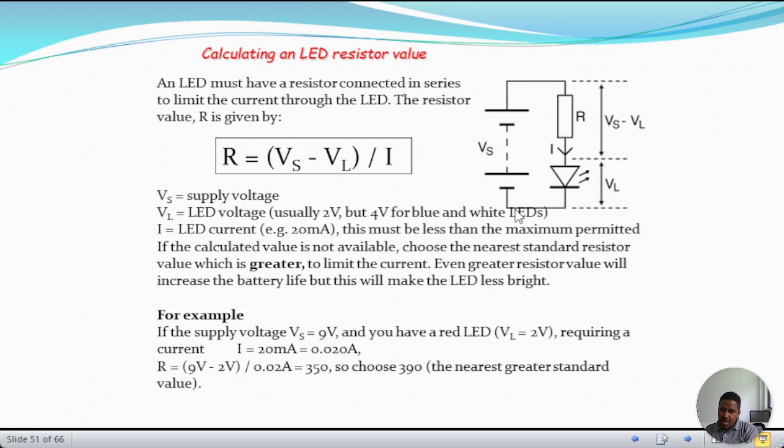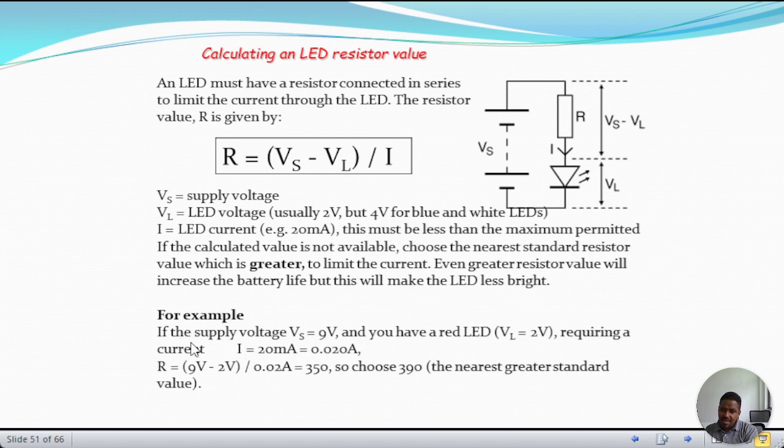But for blue and white LEDs, we use a VL of 4 volts. The LED current is mostly, for example, 20 milliamperes. This must be less than the maximum permitted. If the calculated value is not available, choose the nearest standard resistor value which is greater, to limit the current. An even greater resistor value will increase the LED's life, but this makes the LED less bright.